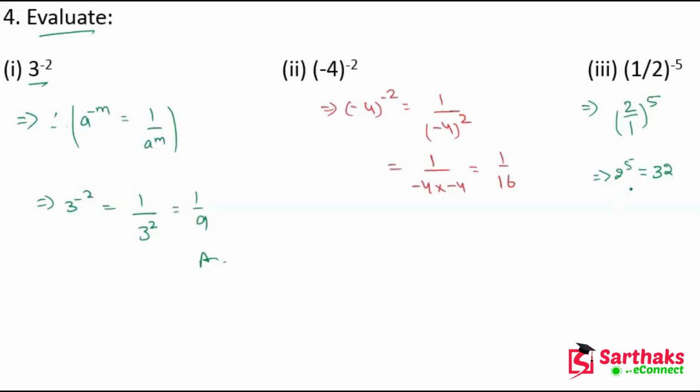It means we have to multiply 2 five times, like 2 into 2 into 2 into 2 into 2. If we multiply, 2 into 2 is 4, 4 into 2 is 8, 8 into 2 is 16, 16 into 2 is 32. Got it?